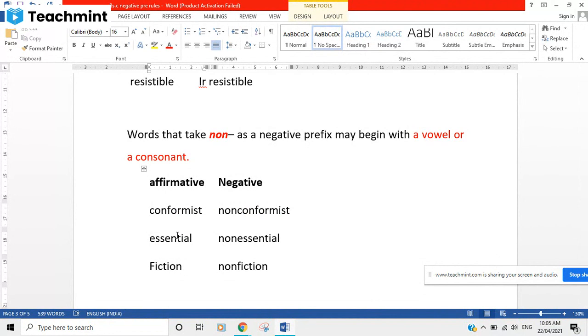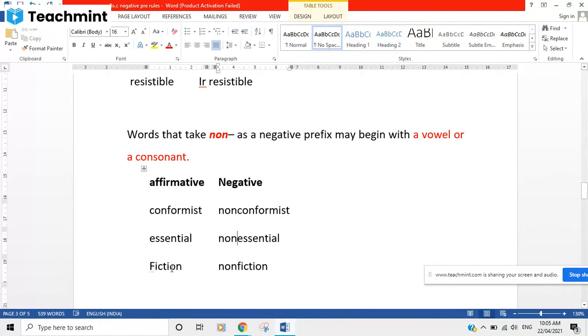Unsatisfaction or dissatisfaction? This is used before satisfaction. Okay, dissatisfaction, or you can use un also. Okay, both can be used.